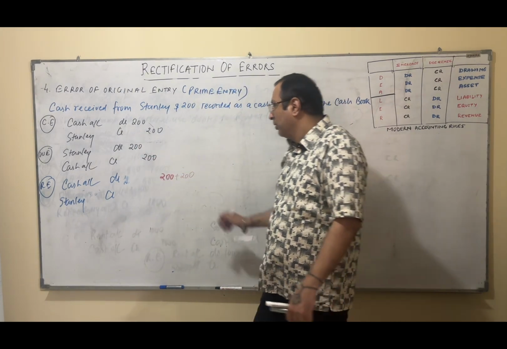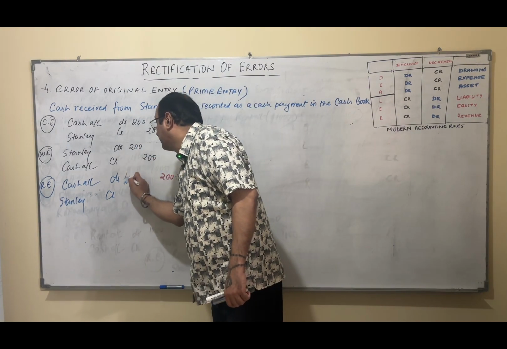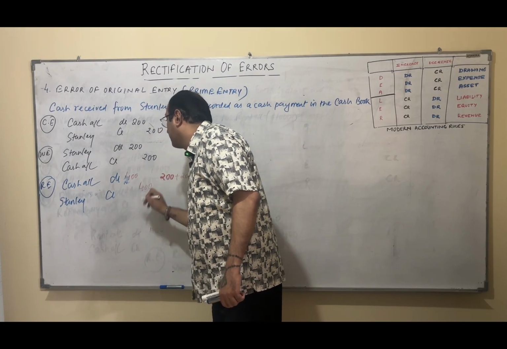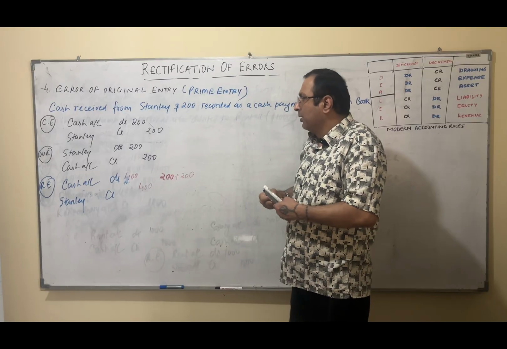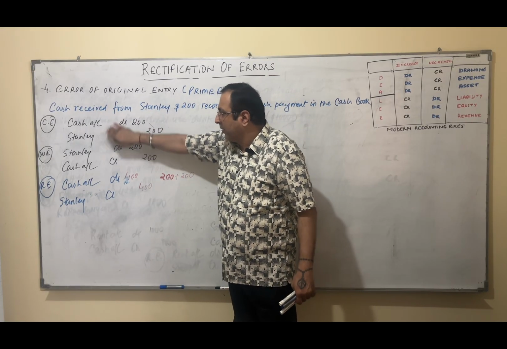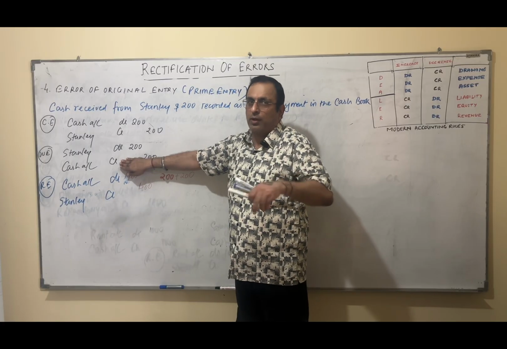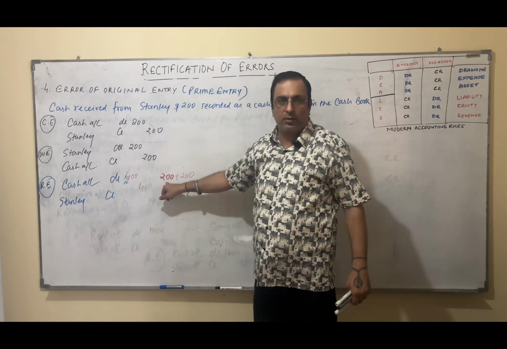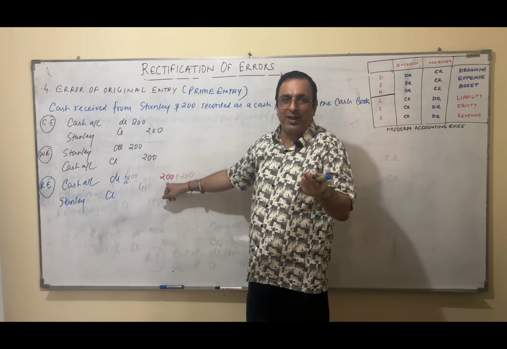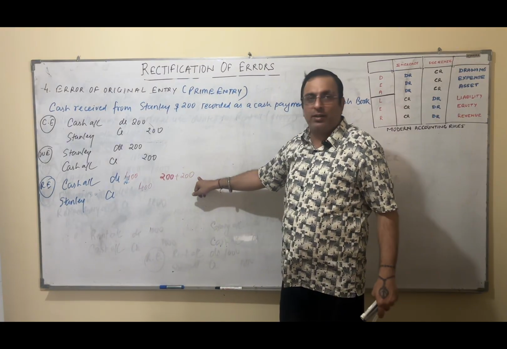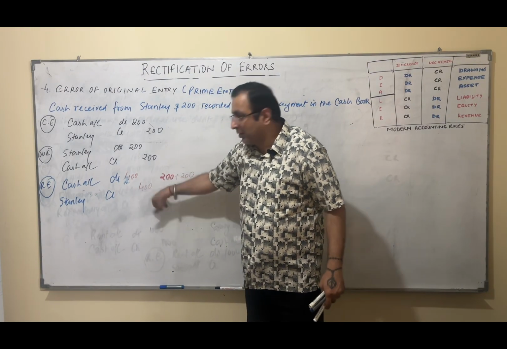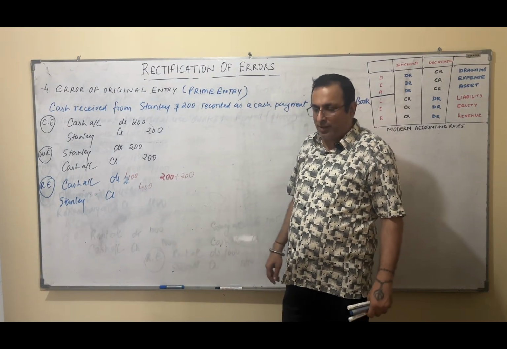So the amounts will be doubled here. Why? I have to record it in the debit side, but I have recorded it in the credit side. So as I told you, reverse it. That's how I have rectified my mistake. But now I have to record it also, right? So this 200 is for recording. So the amount will be doubled. I hope it's clear, guys.